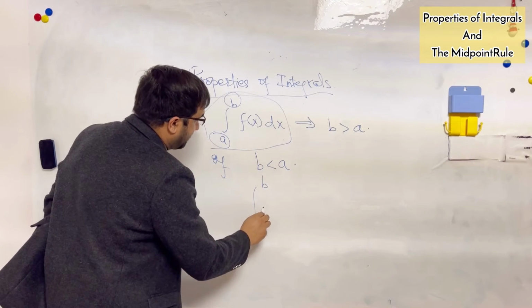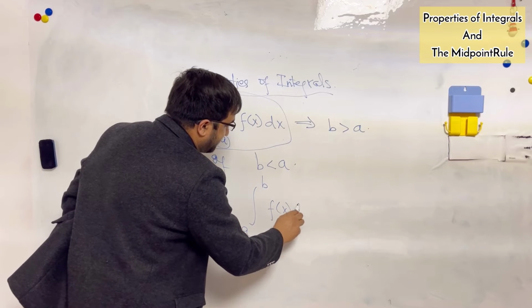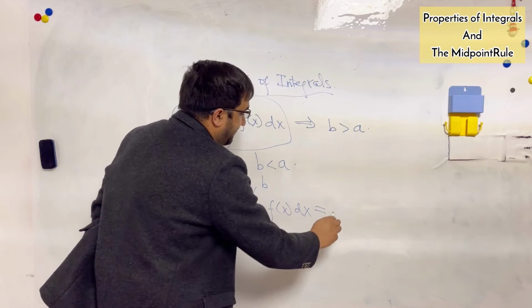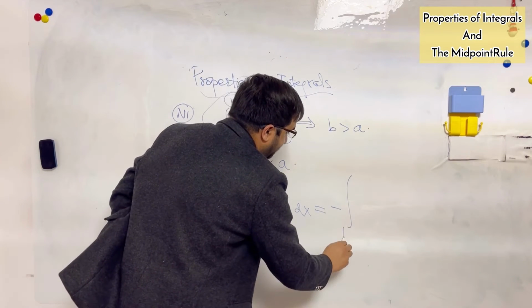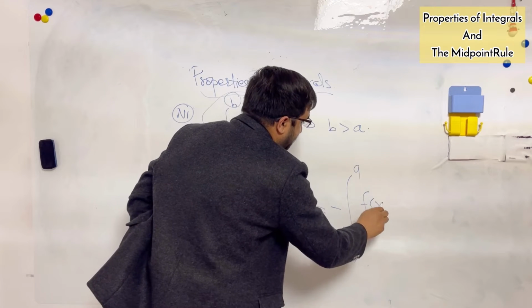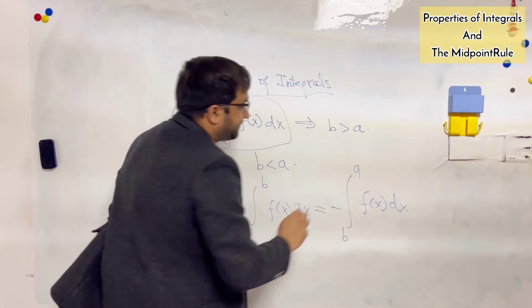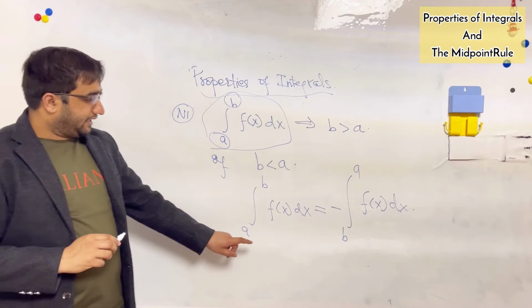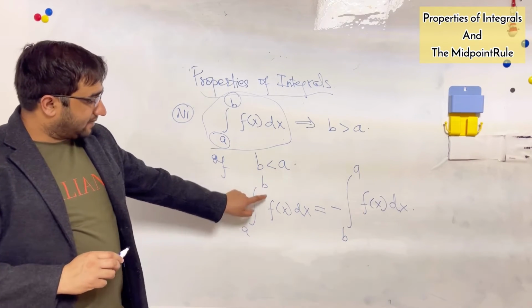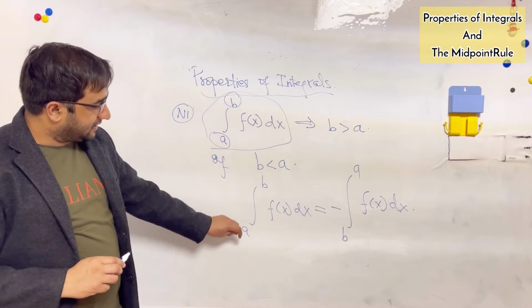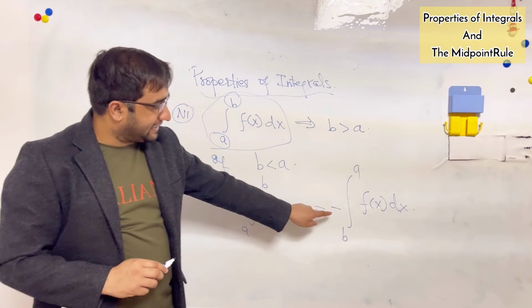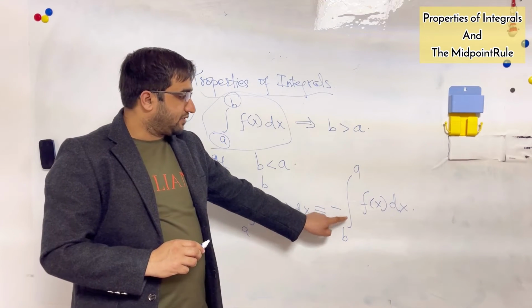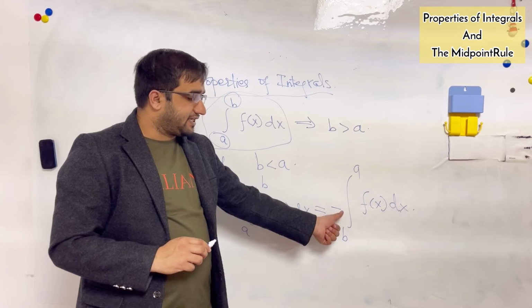That is, the integral a to b of f of x dx becomes the negative of the integral b to a of f of x dx. If this number is smaller and this number is larger, then this whole expression will take this form. So you can switch them by using one negative.